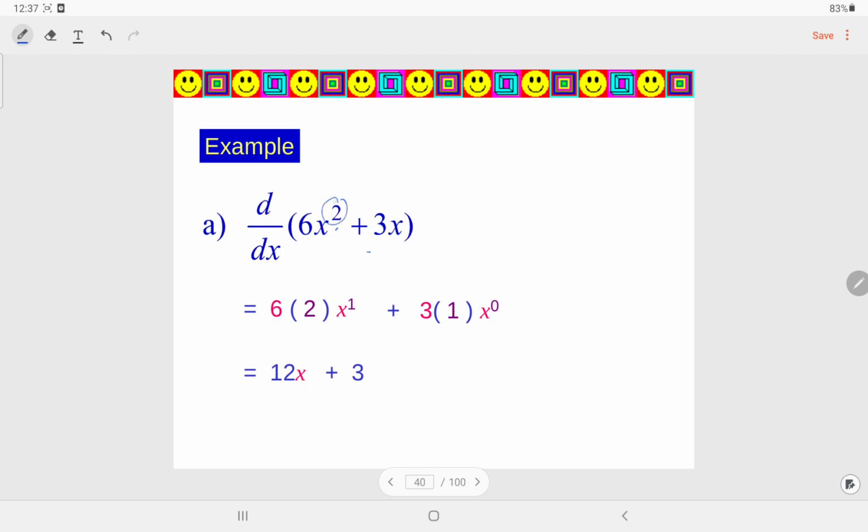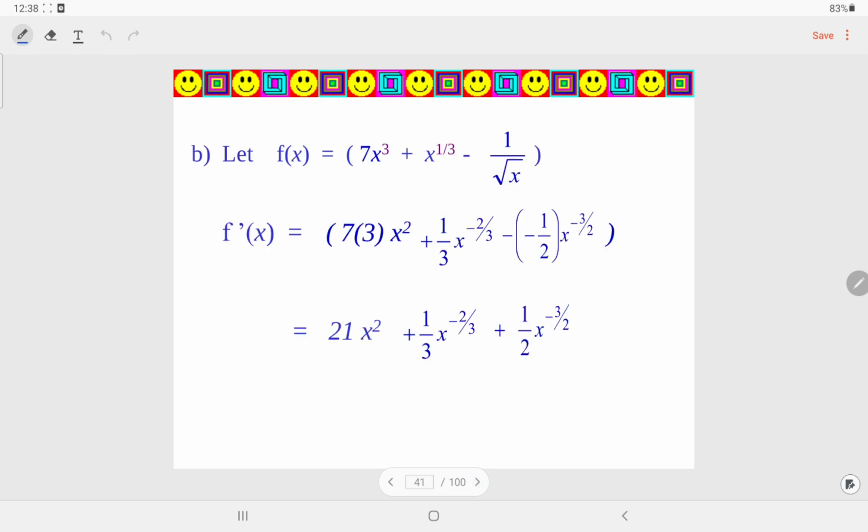So differentiate this one, bring down here, so 6 times 2, and then power of 2 minus 1, so we get x power of 1, and then this one 3x, okay, 3x power of 1. Bring down 1 times 3, and then x power of 1 minus 1 equal to 0. Any function power of 0 equal to 1. So 3 times 1 we get 3. 6 times 2, 12, 12x.